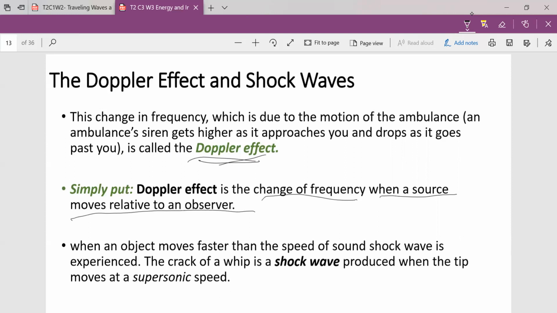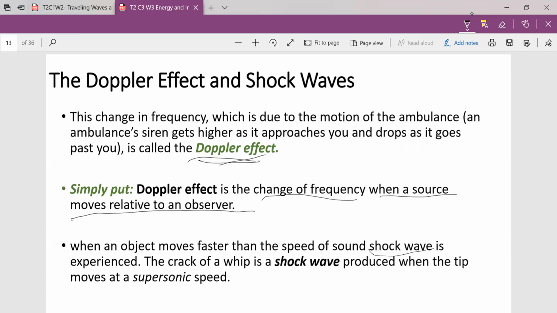Now, a shock wave is a more interesting aspect of the Doppler effect. It's a scenario where an object is moving faster than the speed of the sound that it emits. Somewhere down this lecture we said it's outrunning its source. So it emits a wave, and also moves faster than what was emitted.